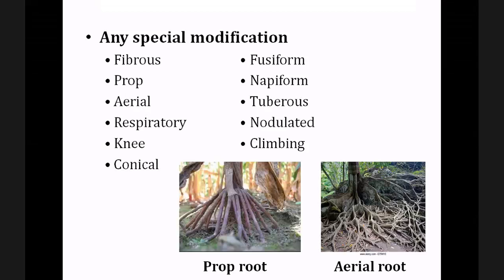The stilt root is one of the prop roots in the maize plant. You will study this in detail while studying the family. Another example for the prop root is the rubbery.